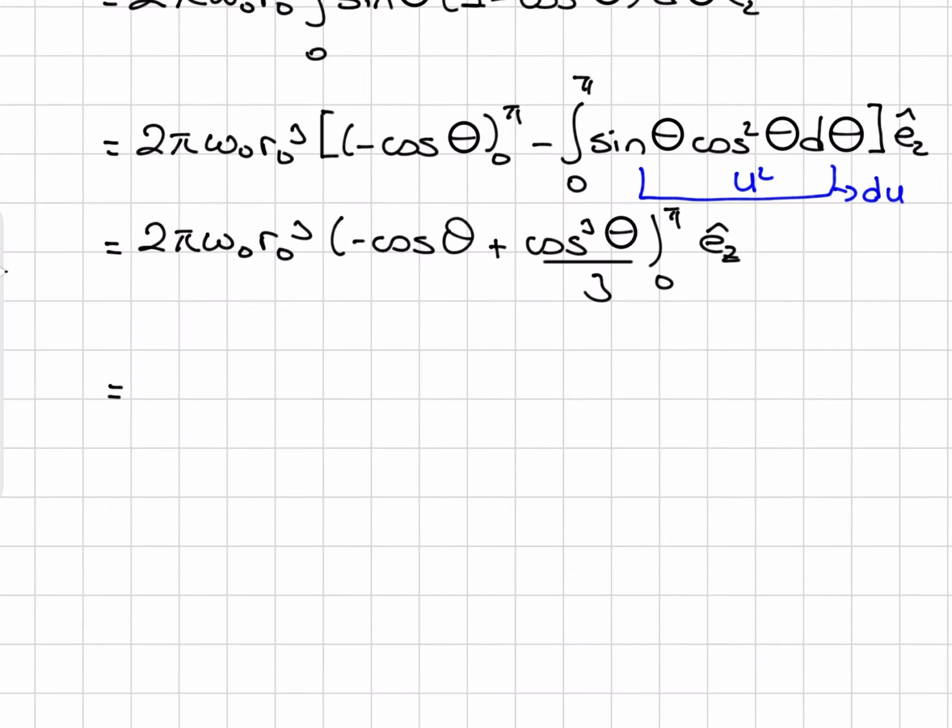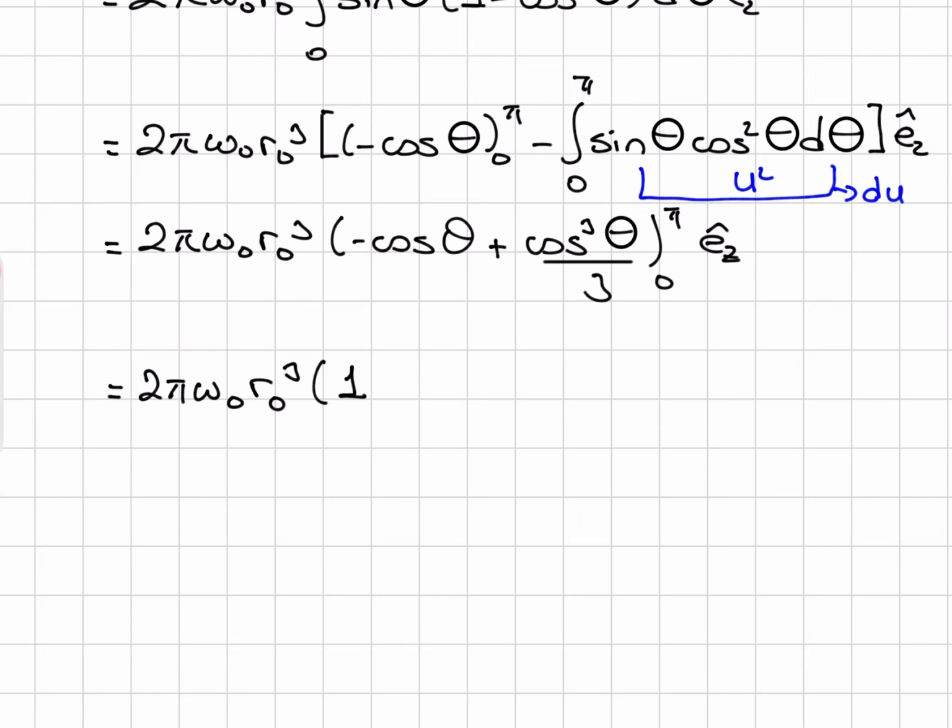Now, if I substitute the two endpoints, 2 pi omega 0 r0 cube, cosine pi is -1, minus -1 becomes +1, cosine 0 is +1, and I'm going to get minus. So let's first substitute pi here.